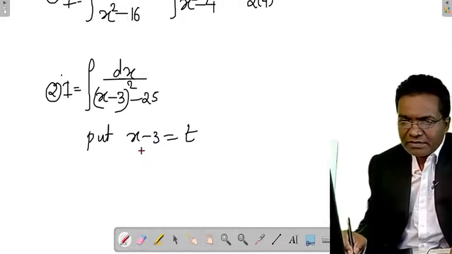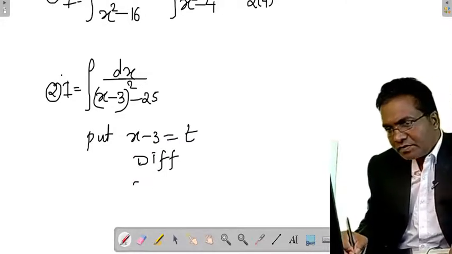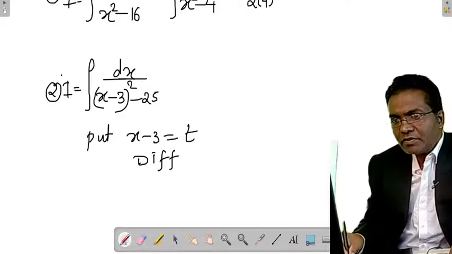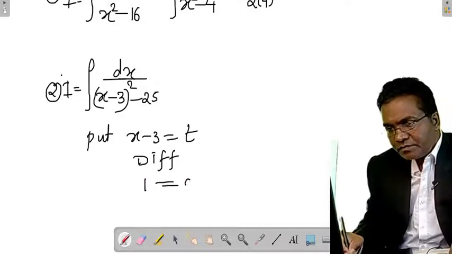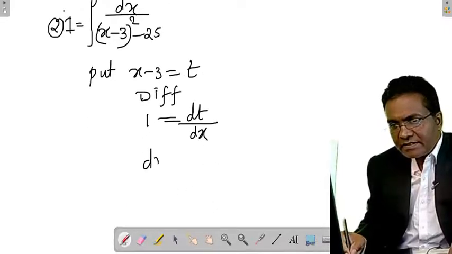What you will get? Its differentiation. If you differentiate this, you will get 1 is equals to dt by dx, and dx is equals to dt.